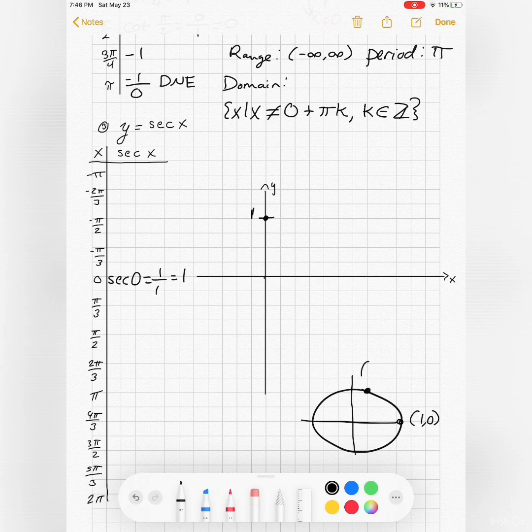Okay, pi thirds. So 1 over a half is 2. So I'm going to actually change my scale then.